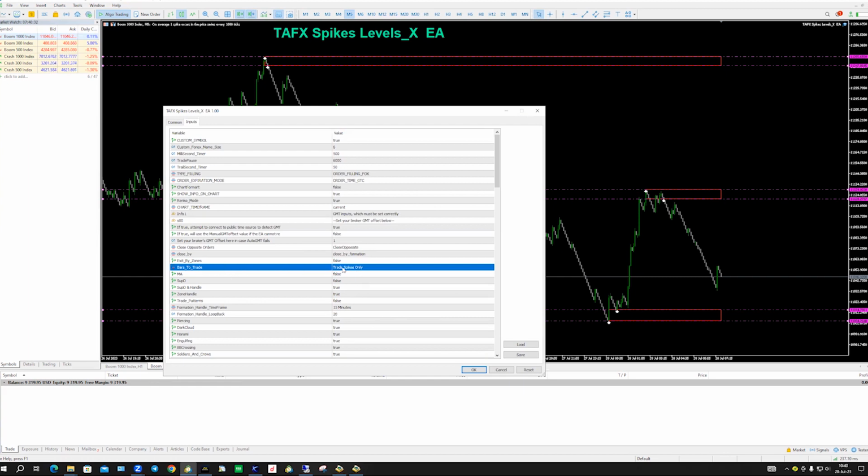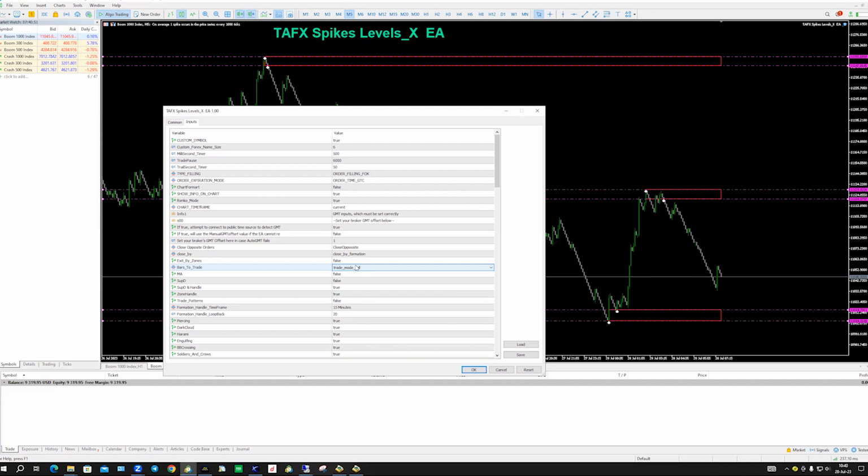Under bars to trade, you can select trade spikes only, or you can double click there and select trade mode full. If I select trade mode full, it means I'm trading spikes and also against the spikes. It's better to understand that.